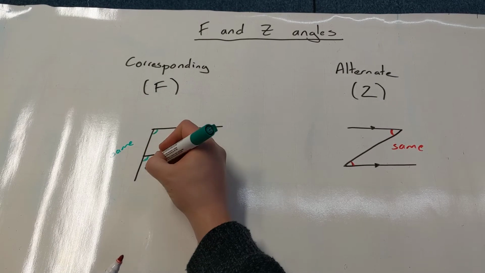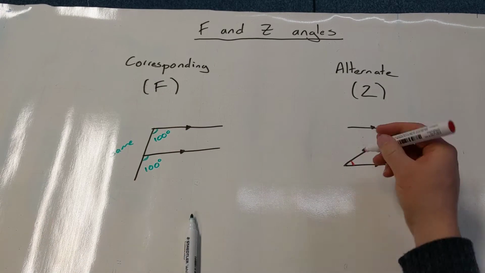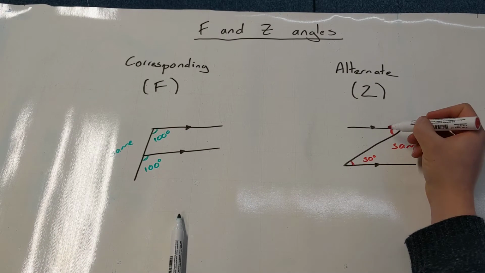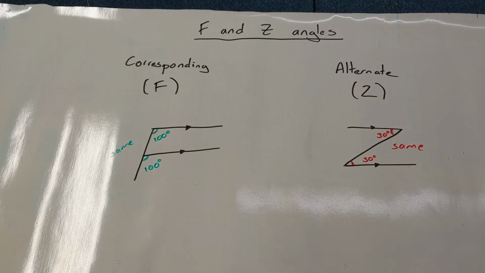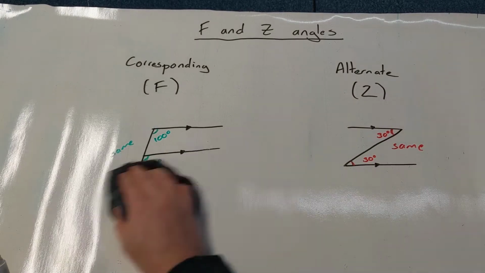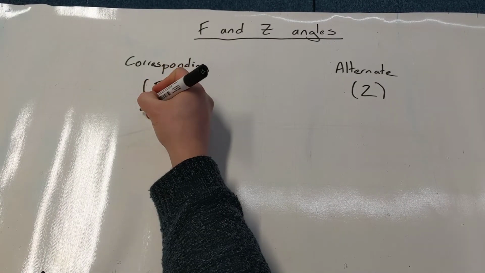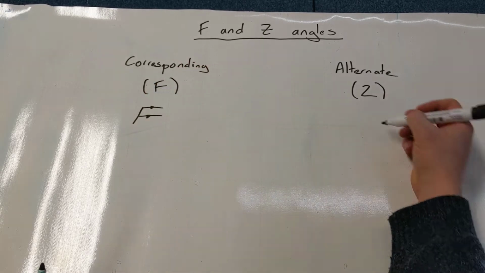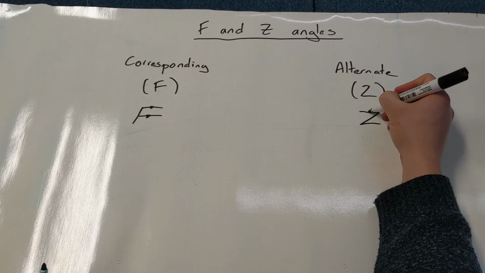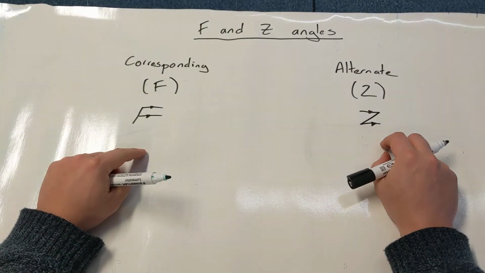So that means if this was 100 degrees, this would have to be 100 degrees. If this was 30 degrees, this would need to be 30 degrees. But it's really important that it's not just your standard F and Z like that. So obviously, if we see a shape drawn like this, that's obviously an F, and this one is obviously a Z, and we'll recognise that and we'll know the angles are the same.